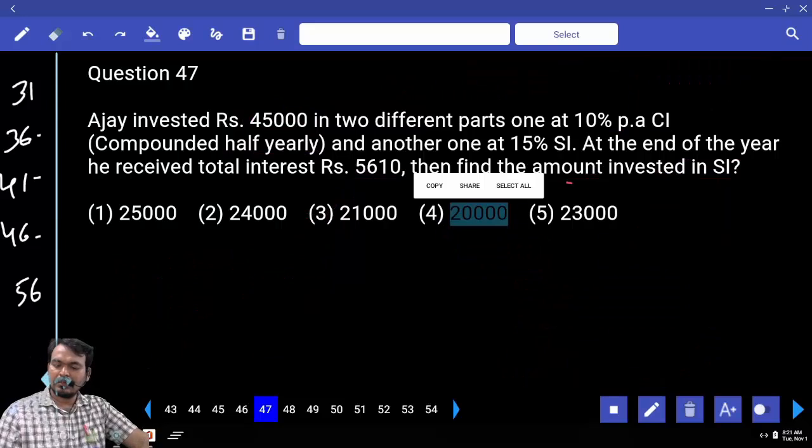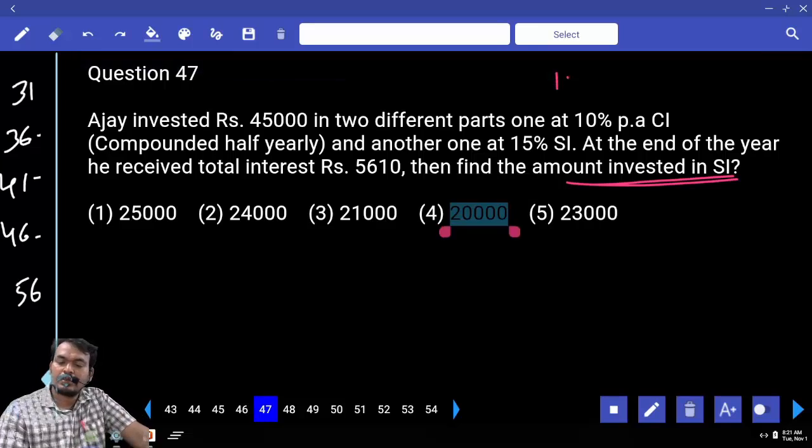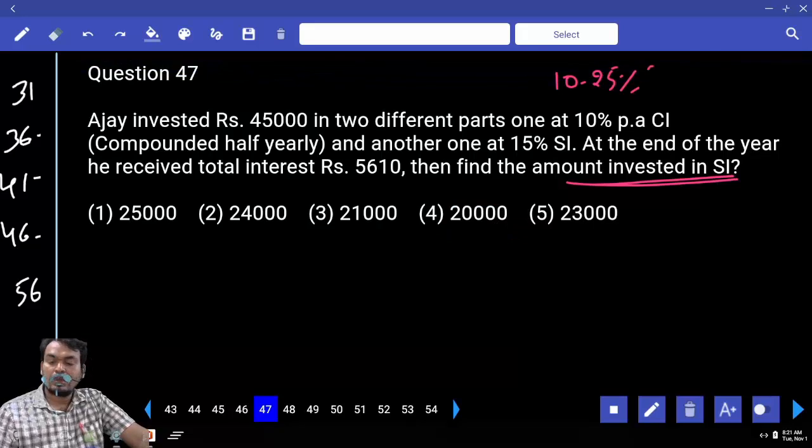In the reverse method, which investment do we require? First one investment. If the principal of the second one is required, which one's data do we take? The first one. What is the first one's rate of percent? 10.25% of 45,000.